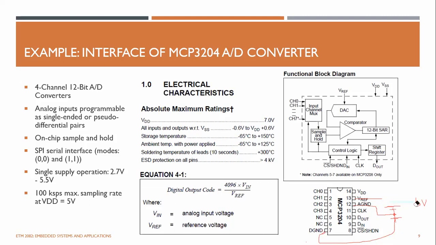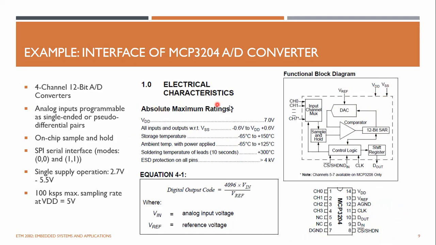And finally you have the SPI pins, which are for your communication: clock, data out, data in, and chip select. Internally it has an A to D converter, which is the same as the A to D converter in a microcontroller, and VSS is the ground pin, and VDD is the positive supply.